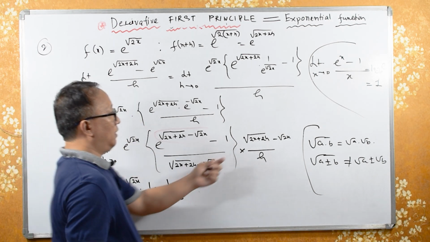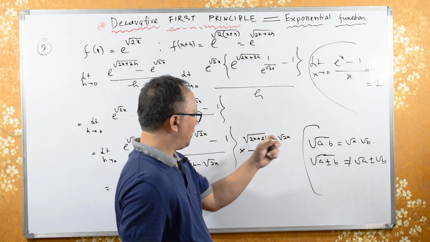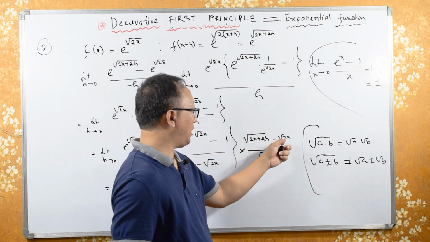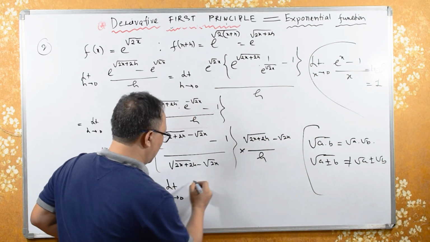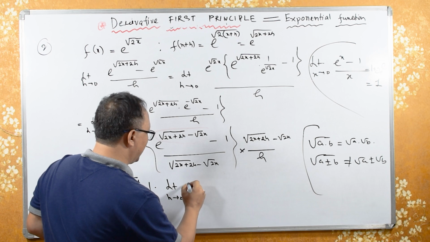Okay, now this, I can rationalize with its conjugate. If it is minus, then plus up and down. So what I can do is take e raised to 2 common, so I will take it later on.